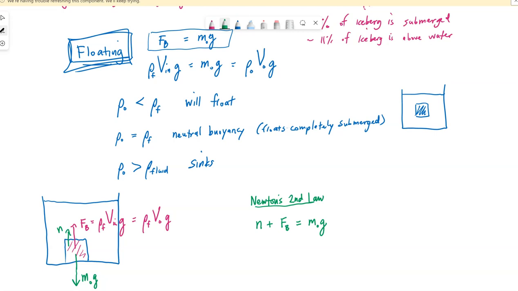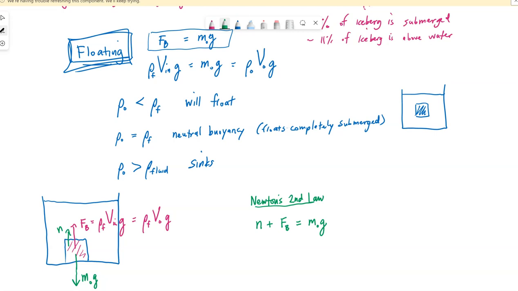So we're going to be revisiting this whole Newton's second law business. Net force, we're going to have our objects be in equilibrium, not accelerating, but we will still need to recognize all the forces acting on the object.